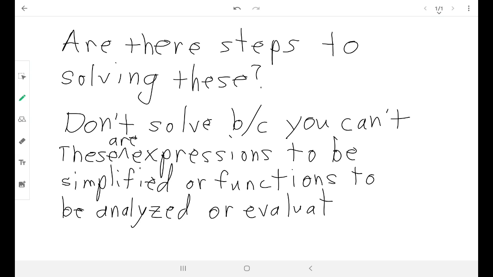Okay? So, and it's going to depend on what we're talking about. Okay? So let me sort of take you through stuff one at a time.